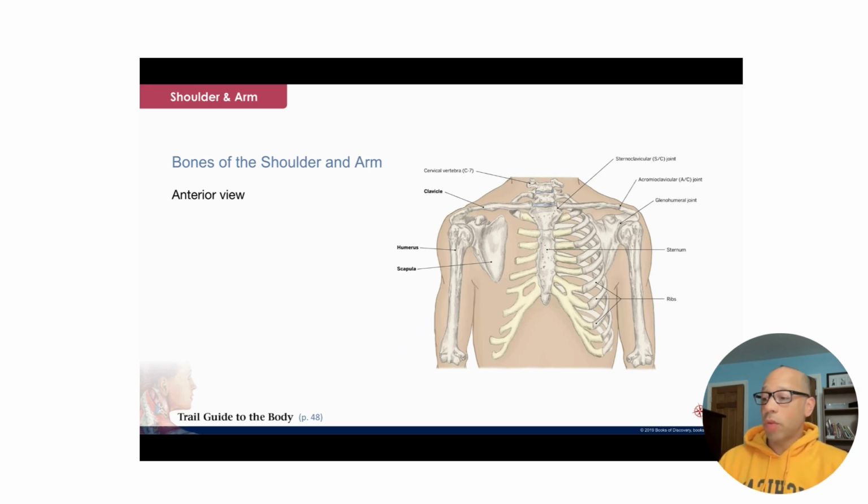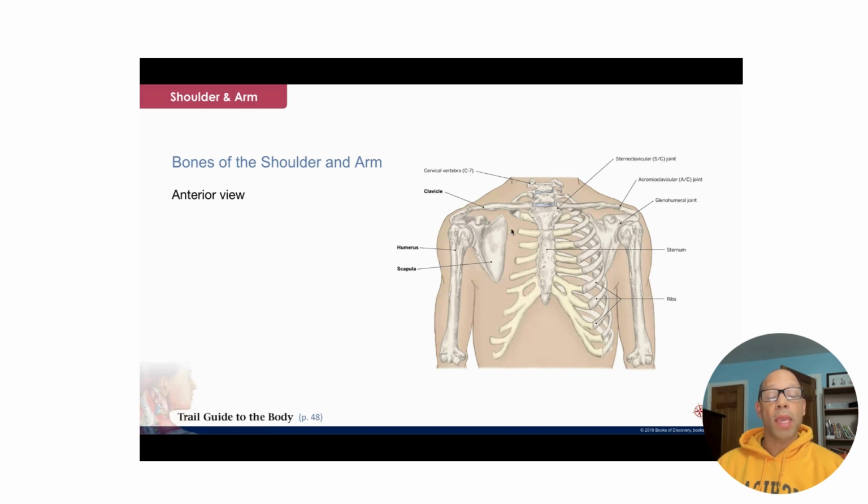Then we have the bones of the shoulder girdle. The shoulder girdle consists of the clavicle, and this is looking from the front of the body. That's why you see the breastbone here. You see the clavicle here, and this is a cutout, so they cut the ribs out so you can see the whole scapula. So the clavicle articulates right here with the scapula, which kind of comes around here.